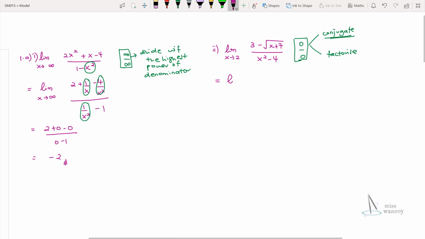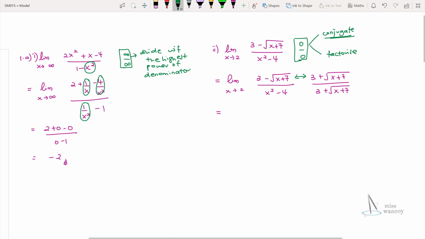So this is the limit as x approaches 2 of (3 minus square root of x plus 7) over (x squared minus 4), multiplied by (3 plus square root of x plus 7) over (3 plus square root of x plus 7). In the numerator, they are conjugates of each other, so I am going to multiply them.